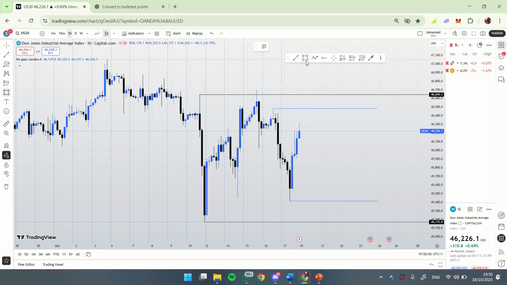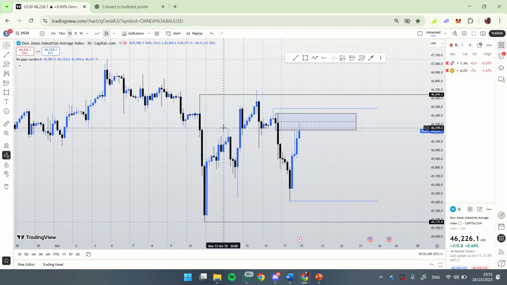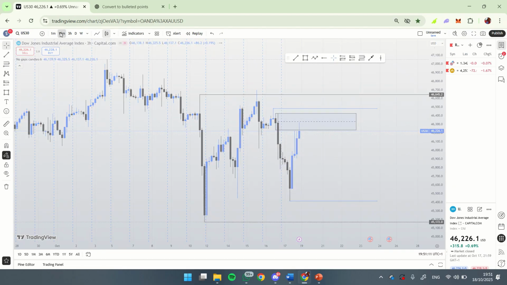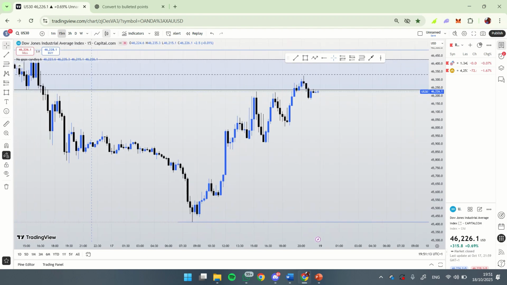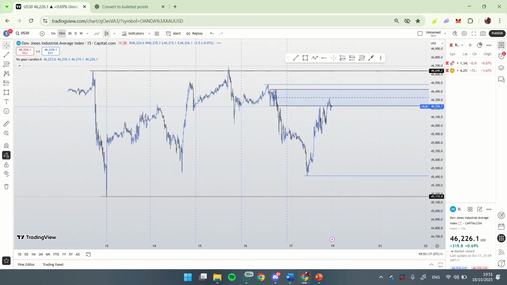And we are going to mark the supply zone that took it. I don't know which of the highs is higher. Let's see. But this is what we have. I think they are equal highs. Then I'll drop to the lower time frame.